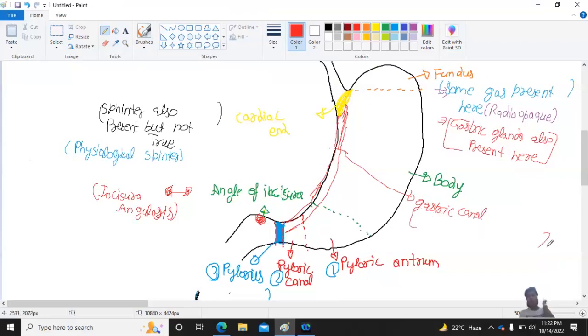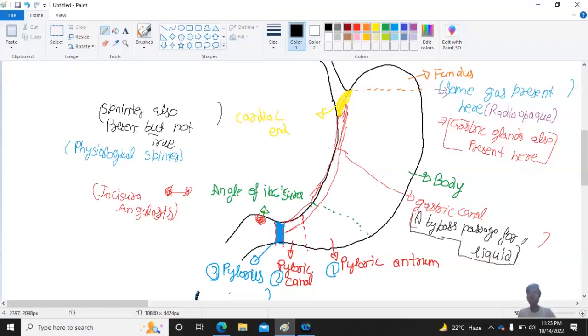It is an alternate passage for water and liquid things, a bypass passage for liquids. They go directly from the stomach to the duodenum through this passage, not entering the stomach body. So this is an important bypass passage.